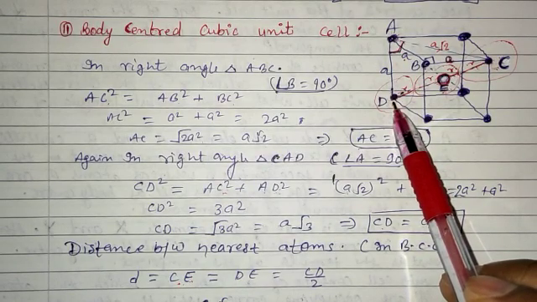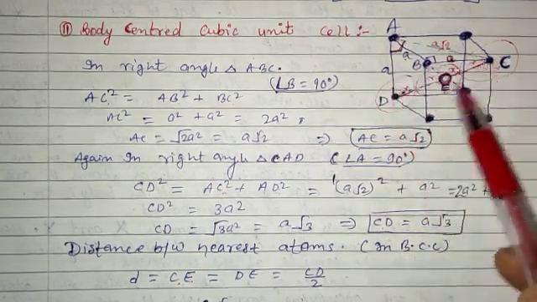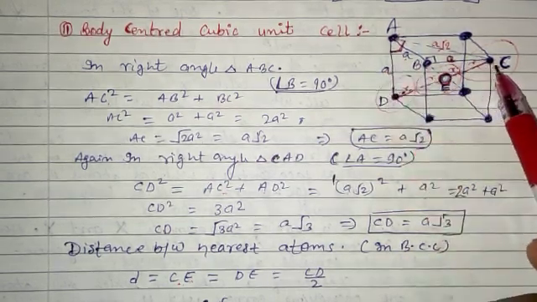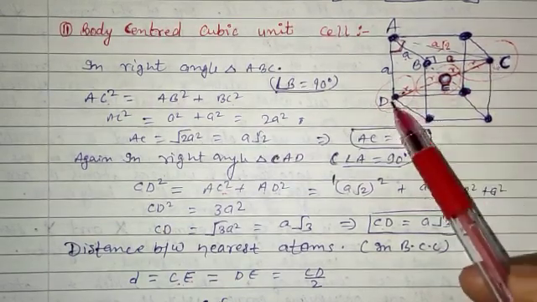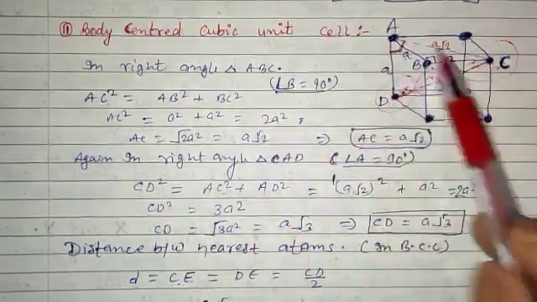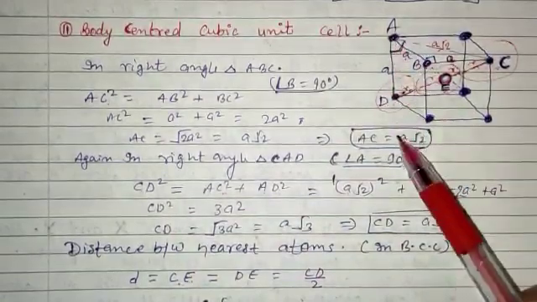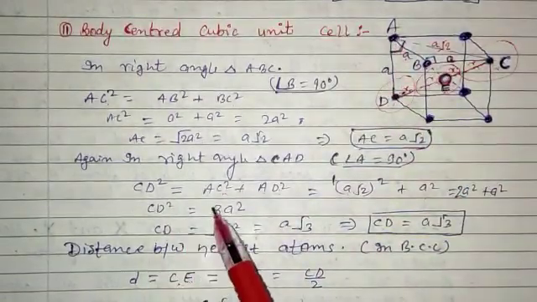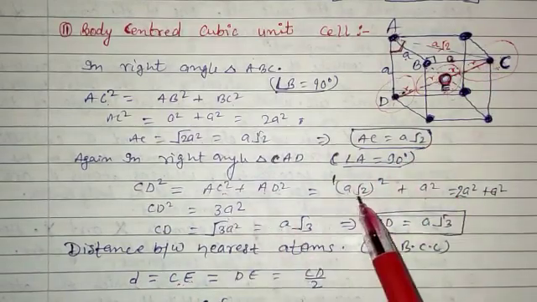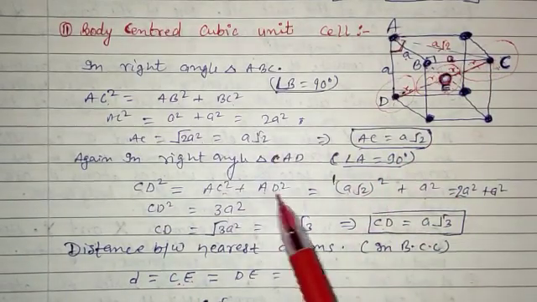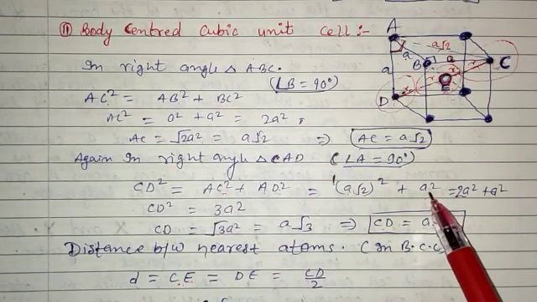So we will use Pythagoras theorem again in this right angle triangle and we will calculate CD. Then CD square equal AC square plus AD square. You know AC is equal to a root 2. A root 2 whole square plus AD edge length a square.